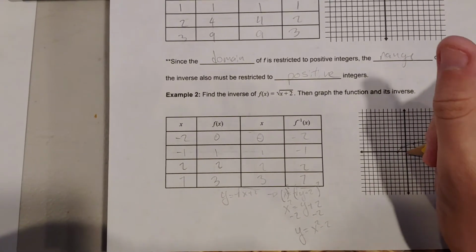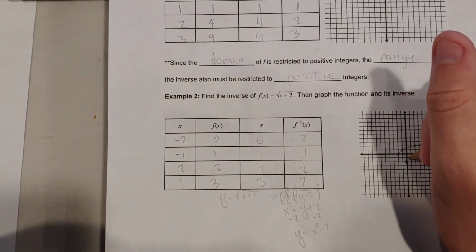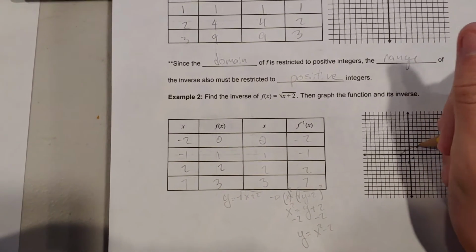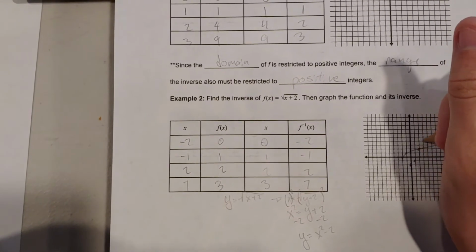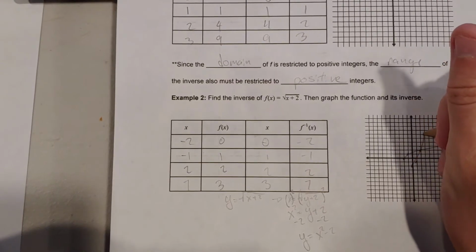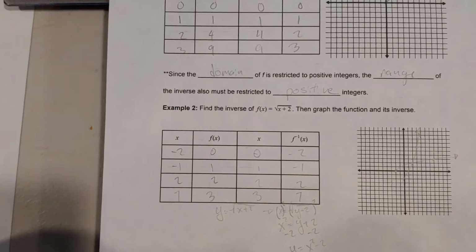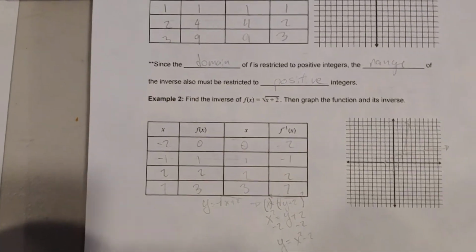And then the same thing for the other one: 0, negative 2; 1, negative 1; 2, 2; and then 3, 7. More or less. And that's all you need to do.